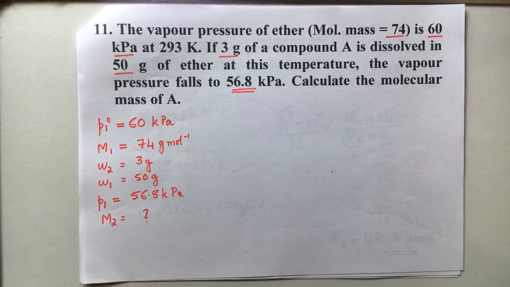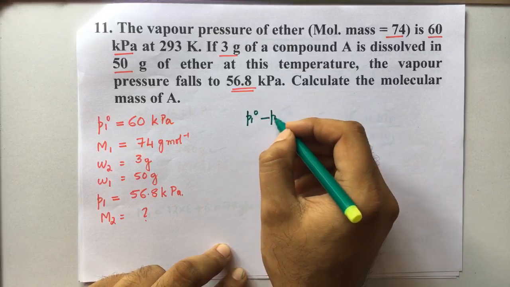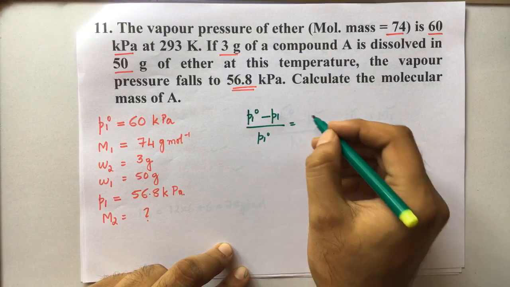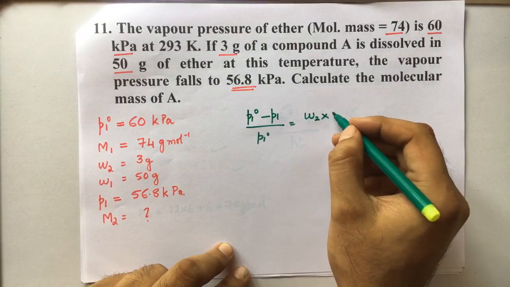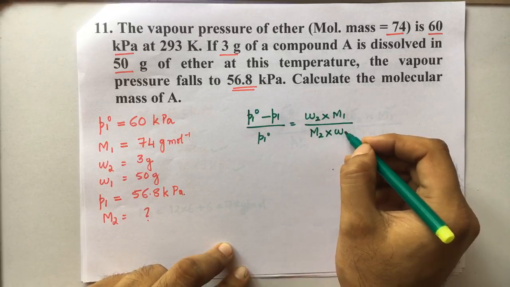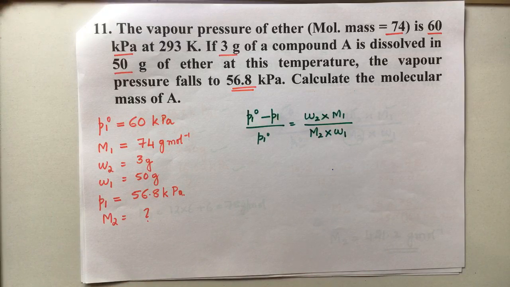Now we will write the formula for relative lowering of vapor pressure, then we shall start working out. (P1 naught minus P1) divided by P1 naught is equal to W2 into M1 divided by M2 into W1. Now let us start substituting all the values.